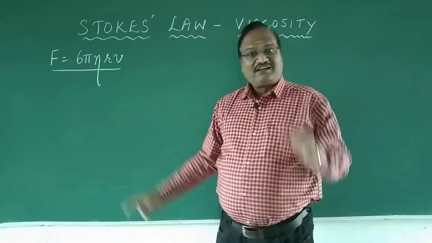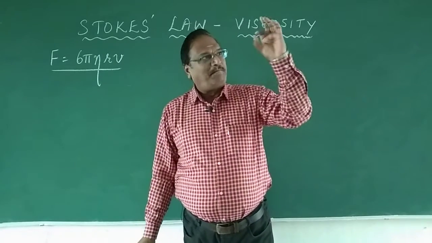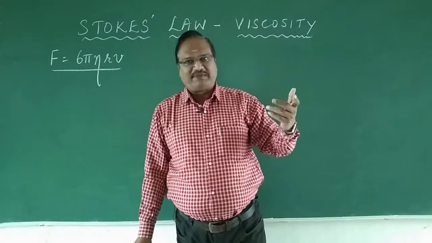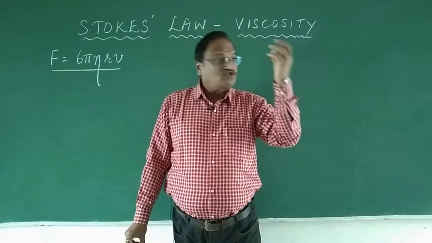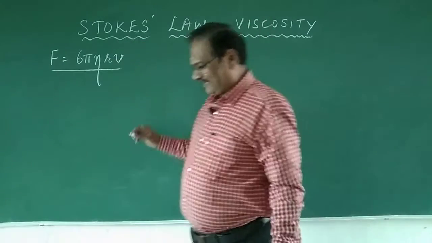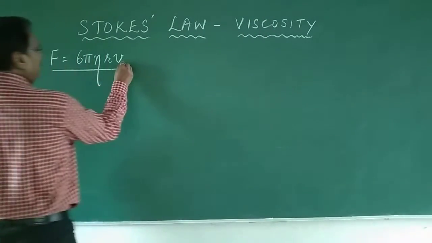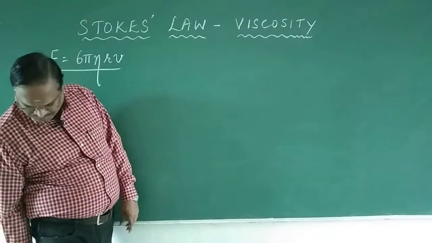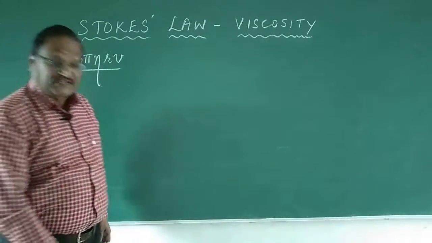R is the radius of the ball which is dropped there, whatever material it can be, glass ball, glass bead, or steel ball. And V is basically the terminal velocity, or just the velocity at this point. Okay, fine. Let me just clear the board.